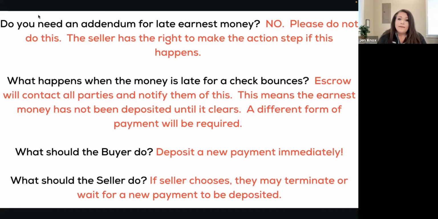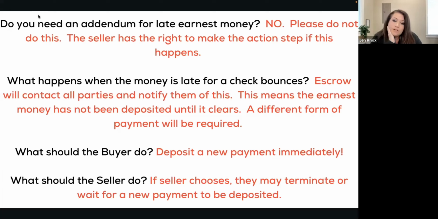If the check happens to bounce, or if it doesn't get deposited, escrow will be contacting all parties and notifying everybody that this happened. If it didn't clear, this means the money is going to have to be deposited into escrow in a different way. If they write a check and the check bounces, it's very unlikely that the escrow company will accept a second check.